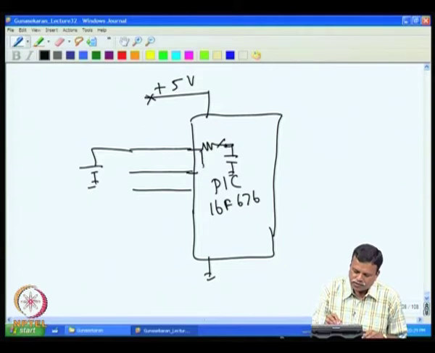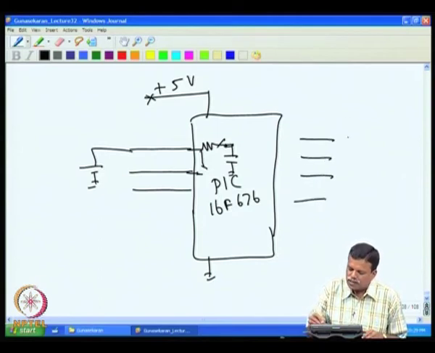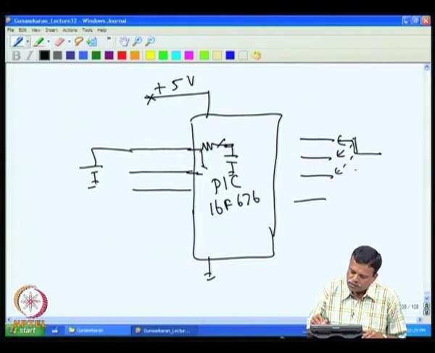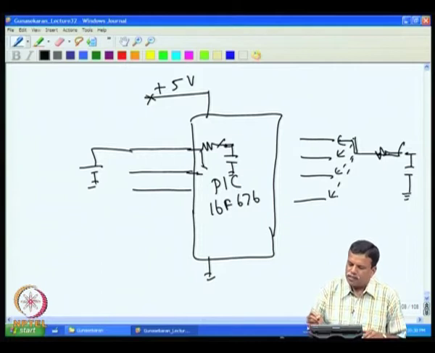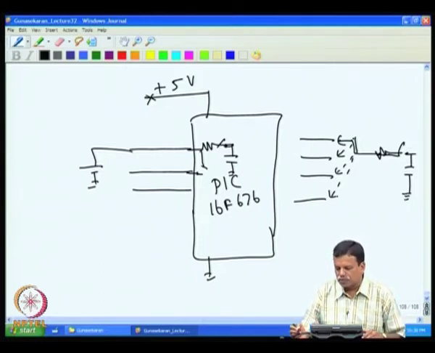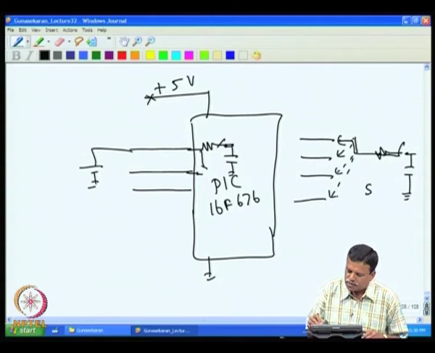If I draw this, we have many input channels and one output, and the switch connects one of them. One of the channels goes through a resistance and then a switch, and then to the sample capacitor.